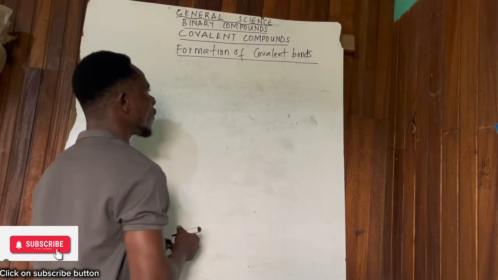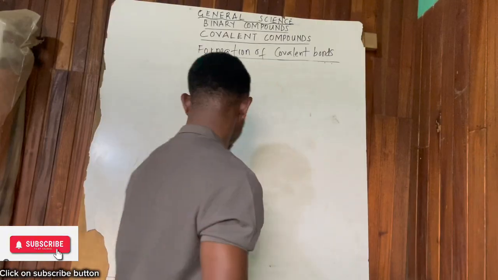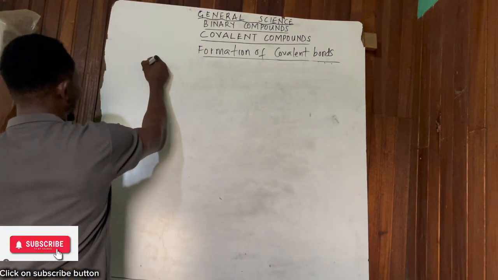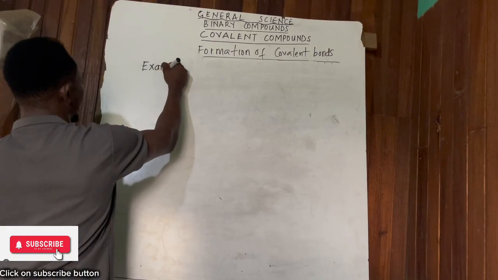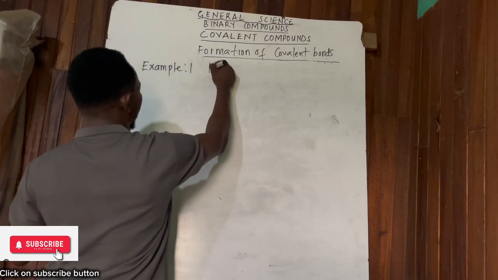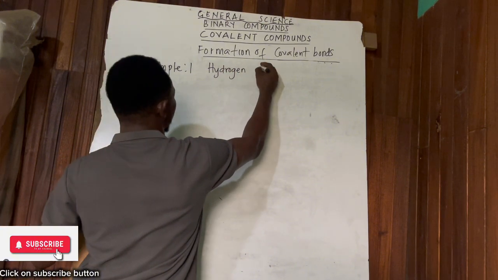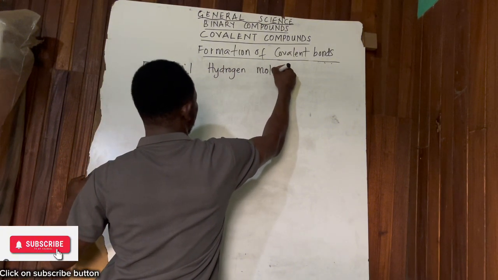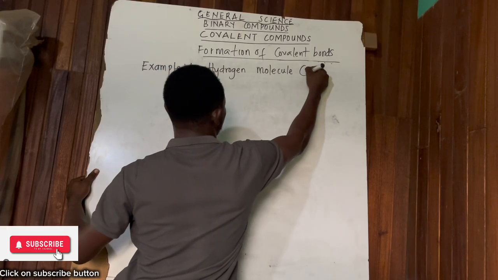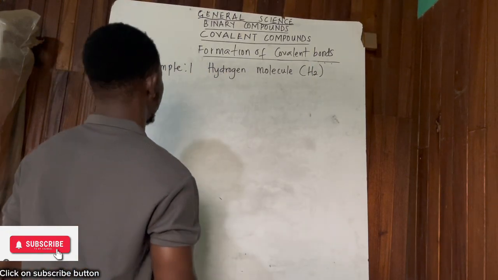So, formation of covalent bonds. Example 1: hydrogen molecule, that is H2 gas, hydrogen gas.